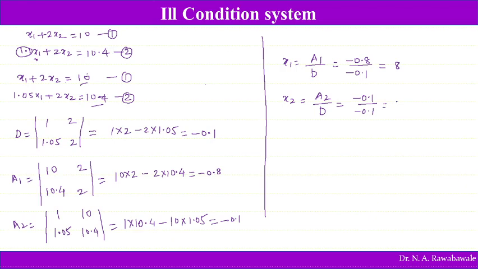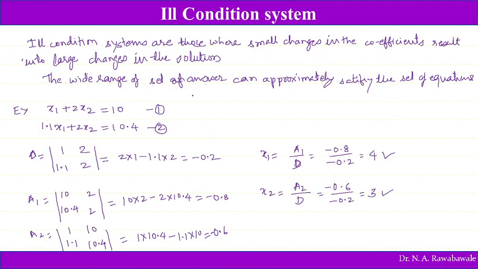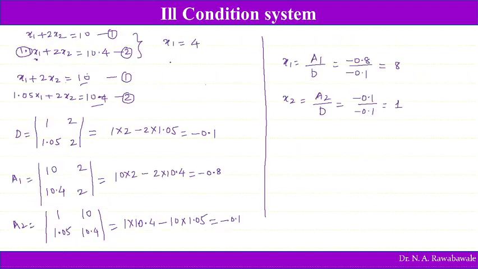So this is going to become 1. So now here we have solved two sets of equation. In first set of equation, we obtained x1 as 4 and x2 as 3. x1 is equal to 4 and x2 is equal to 3.